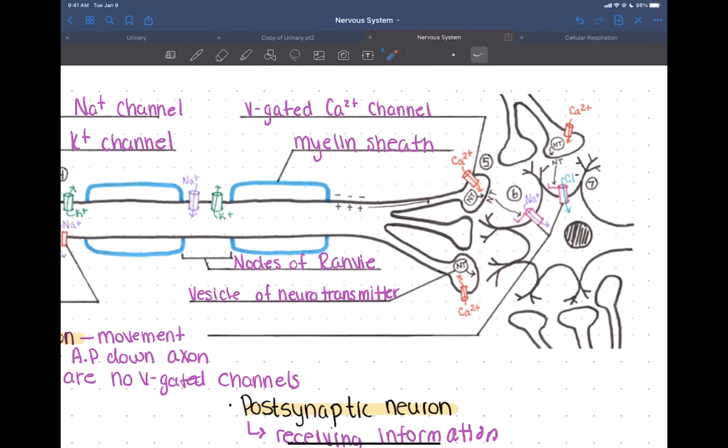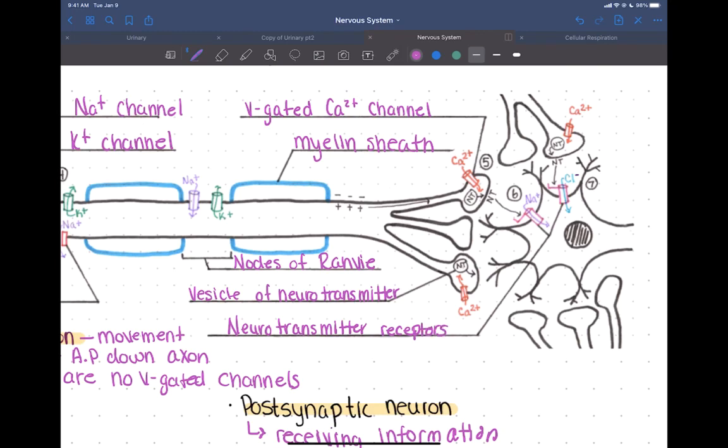So the last thing to point out with this picture, and that'll lead us into our next topic about neurotransmitters, is that there are two types of receptors that these neurotransmitters can find. It depends on the neurotransmitter as to what kind of receptor it has. So we'll just label them in general right now: neurotransmitter receptors.